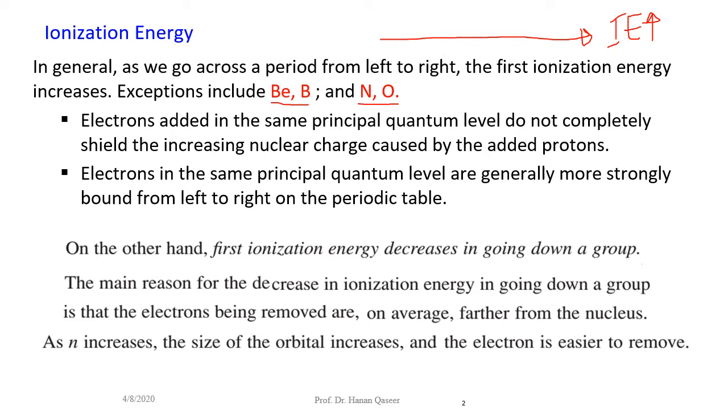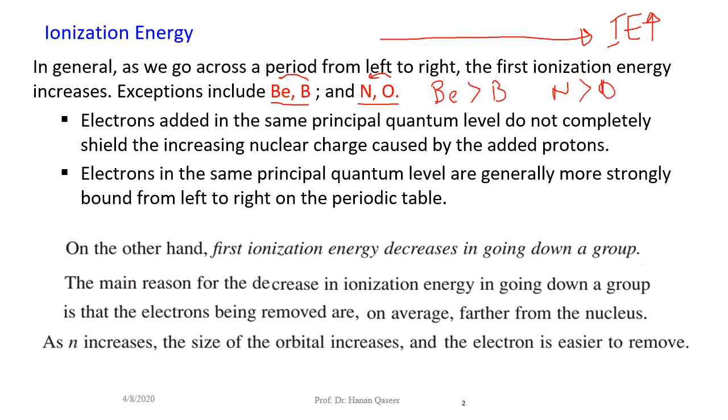According to the general trend, boron should have higher ionization energy than beryllium, and oxygen should have higher ionization energy than nitrogen, but experimentally the ionization energy of beryllium is greater than that of boron, and the ionization energy of nitrogen is greater than that of oxygen.